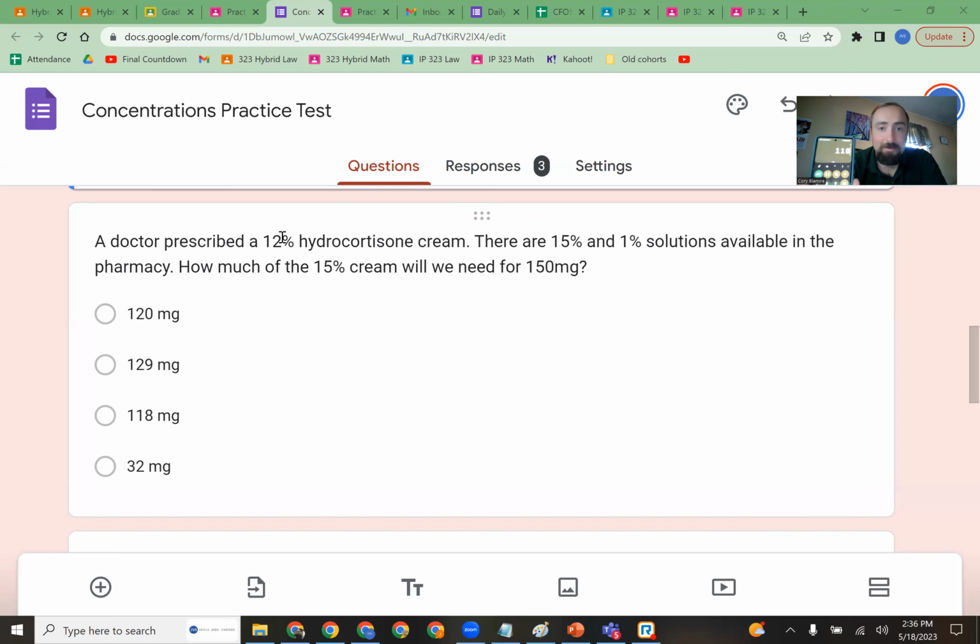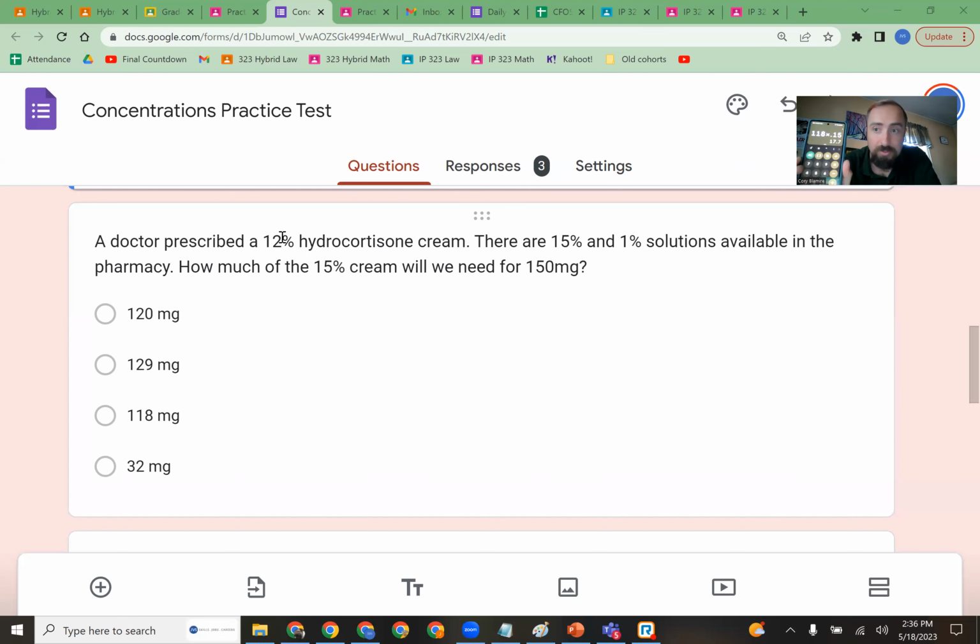So 118 milligrams, right? It's 15% cream. So express that as a decimal, 118 times 0.15. Okay, so remember this. In this hypothetical, where we choose answer C, where we use 118 milligrams of the 15% cream, this is how much of that 118 milligrams, 15% of it, is drug.